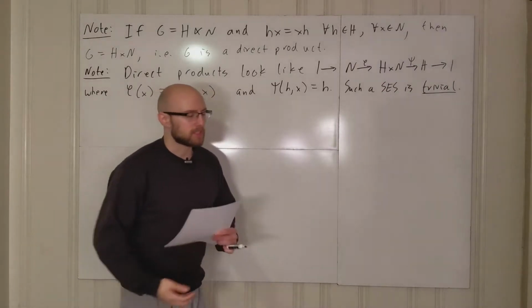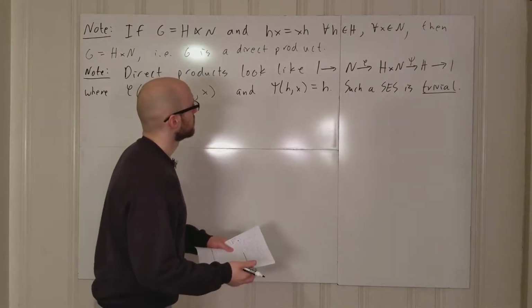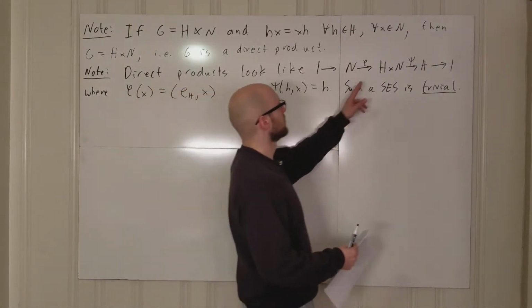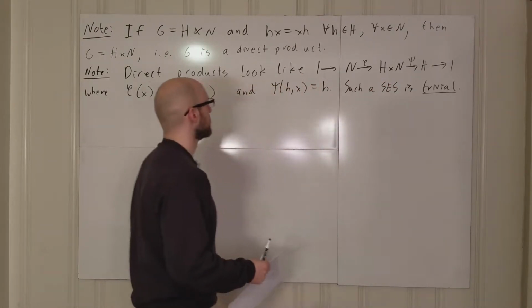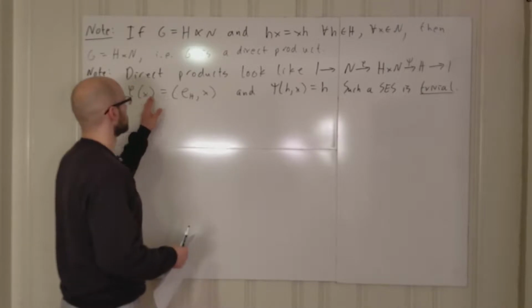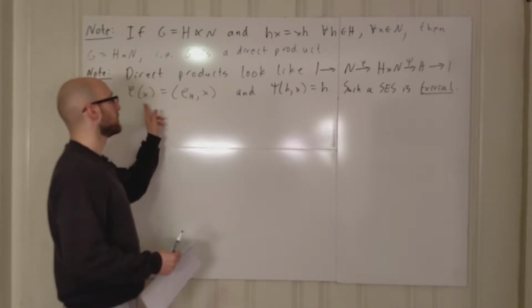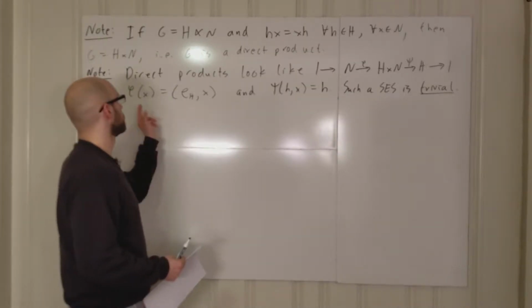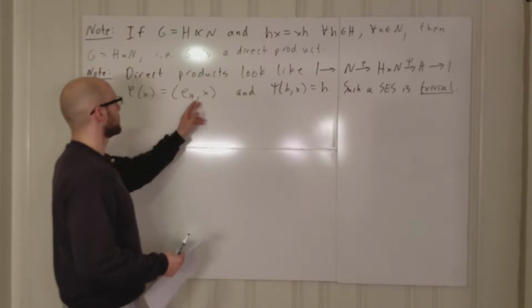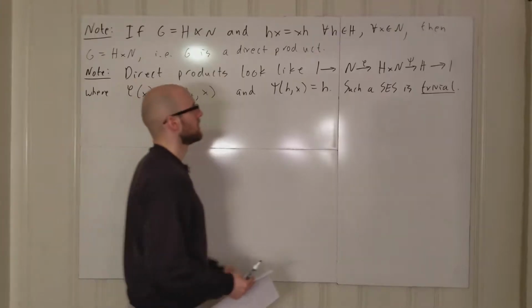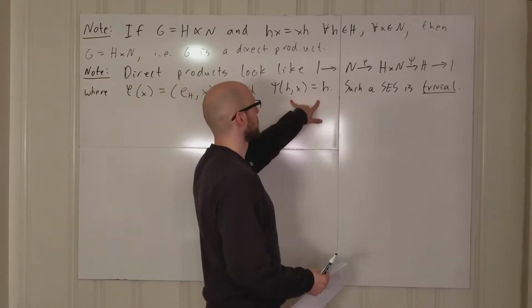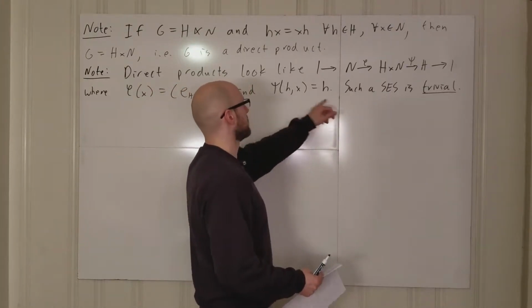The main point is that phi is always going to be injective, because this is just the identity map in this component, and so it's isomorphic in that component. And similarly here, it's the identity in this component.